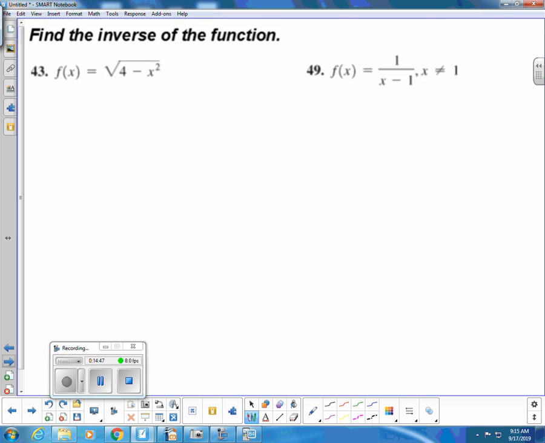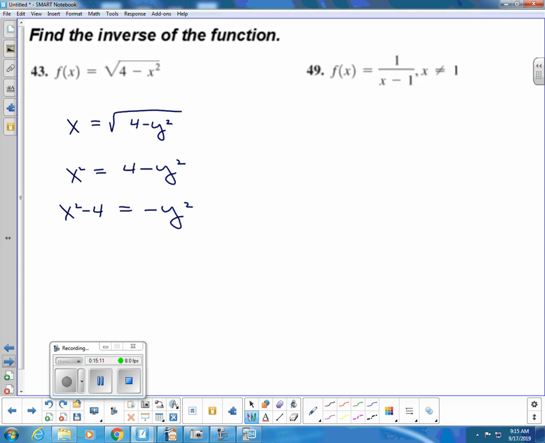Then the inverse. So first thing we're going to do, make the f of x a y, and then switch your x and y. And your goal is to get the y by itself. So we're going to square both sides. That eliminates my radical. I'm going to move my 4 over.